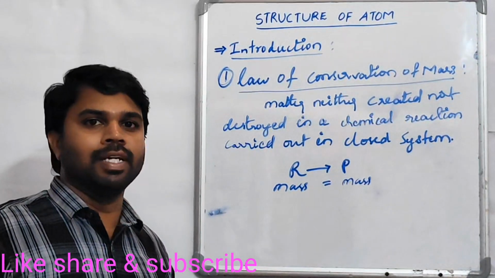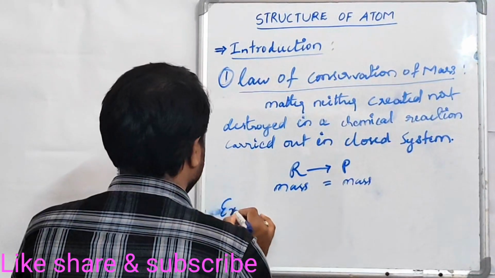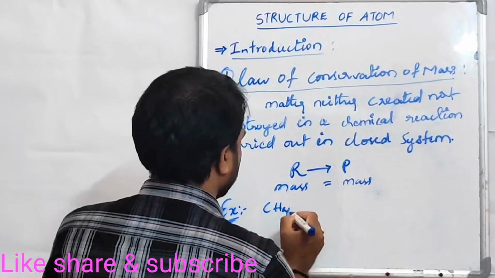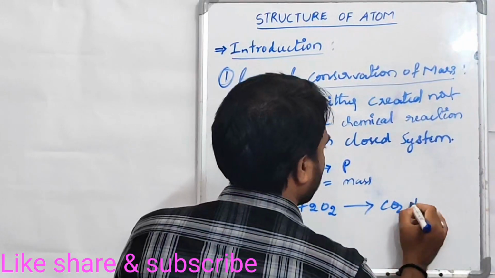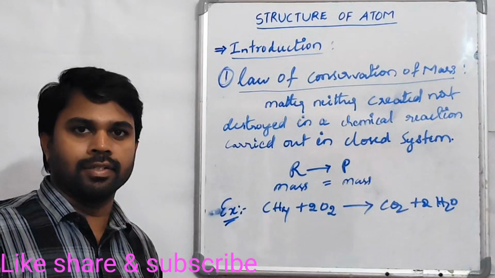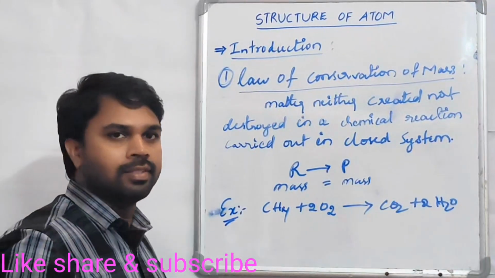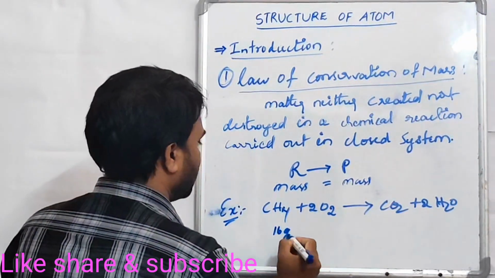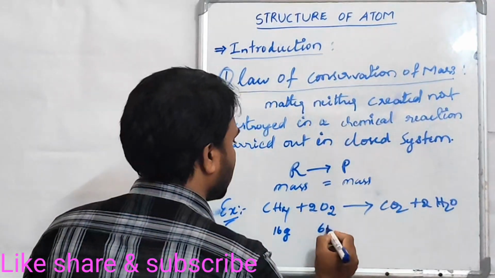Let's see one example, then you can get a clear idea about this statement. This is the combustion reaction. These two are reactants and these two are products. From the reactant side, the mass of methane is 16 grams and the mass of 2 moles of oxygen is 64 grams.